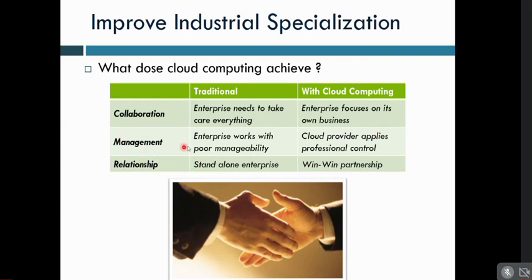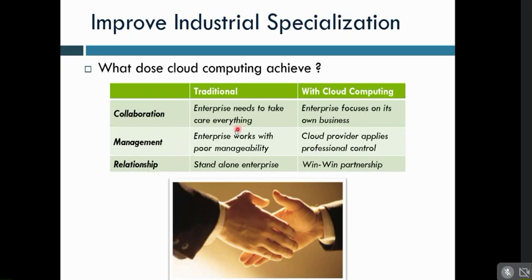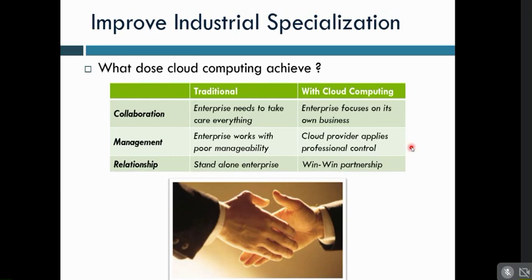If you talk about management, the enterprise works with poor manageability skills. Normally if an enterprise has its own IT department, there will not be many highly skilled manpower. But in cloud computing services, the cloud service providers have professionals to manage the services, to manipulate the services, to optimize the resources.